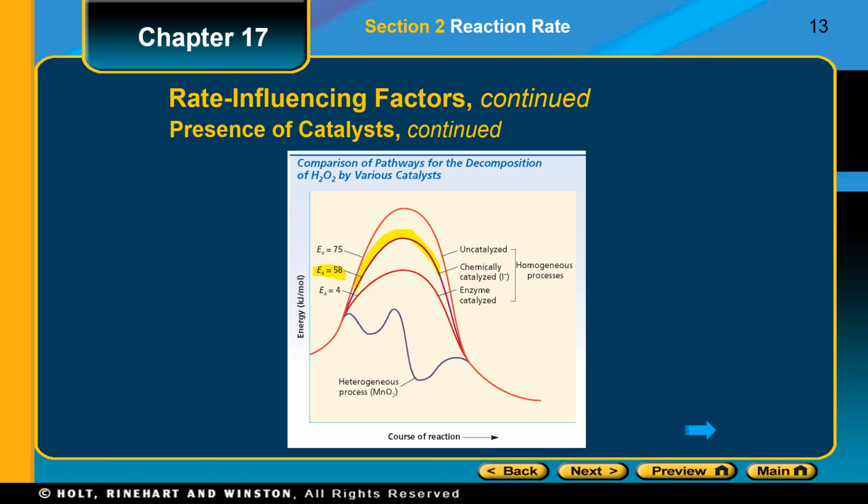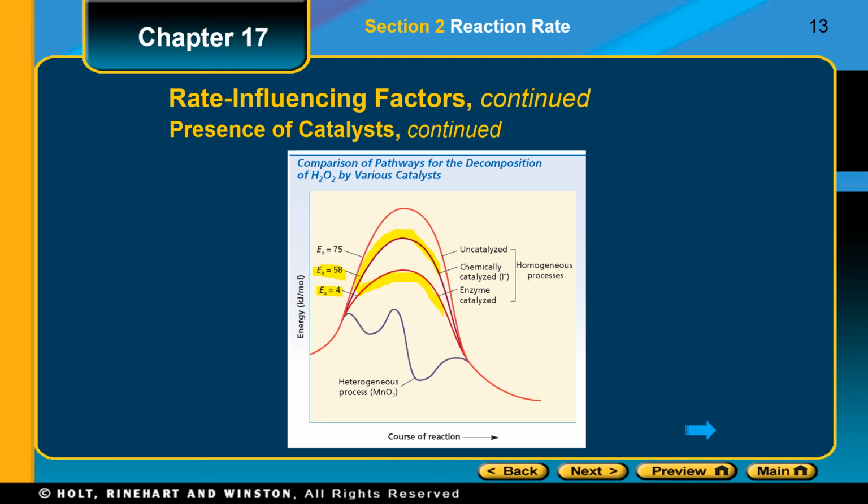The darker red one, the lower one right here, is where we're using an enzyme to cause hydrogen peroxide to decompose, and this one has a very low activation energy of only 4 kilojoules per mole. This would probably be one where just putting the liquid enzyme into the hydrogen peroxide would immediately cause it to decompose into hydrogen and oxygen, or oxygen and water.